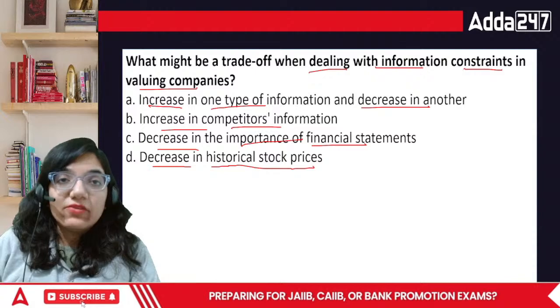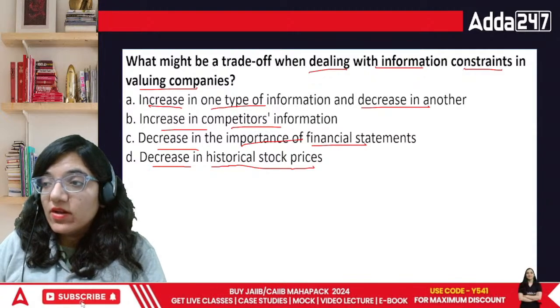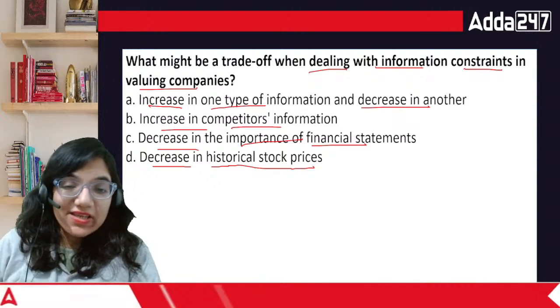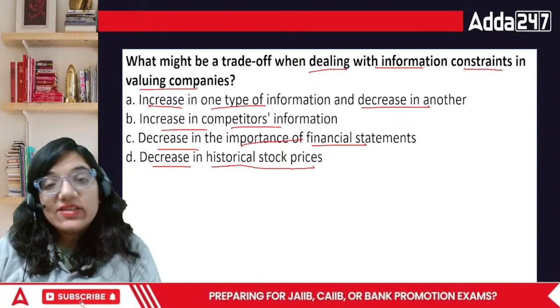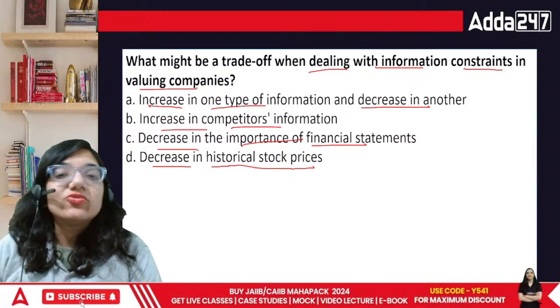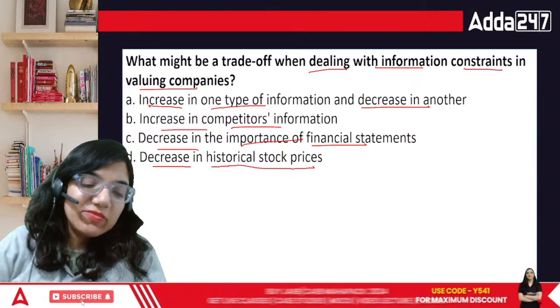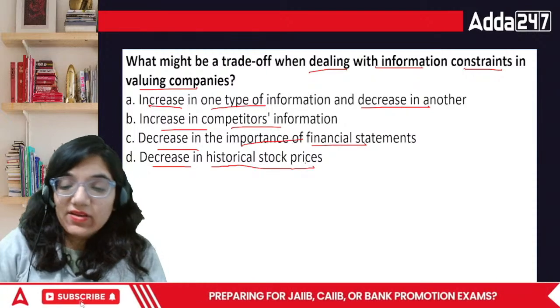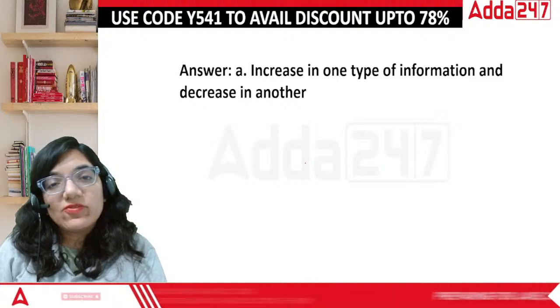Whenever we have a problem with information, whenever we try to work upon one specific type of information, the remaining type of information gets affected. So in this case, an increase in one type of information would lead to a decrease in another. That's one of the basic things. You have a cost to everything. If you want to increase one thing, you will have to give up something else.